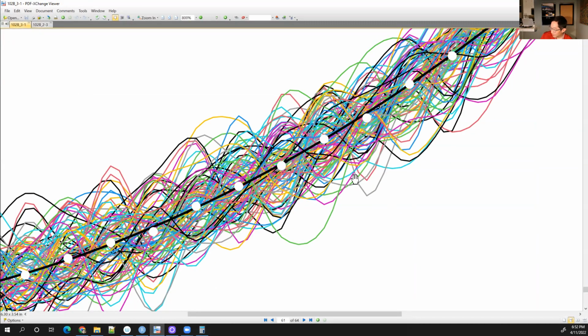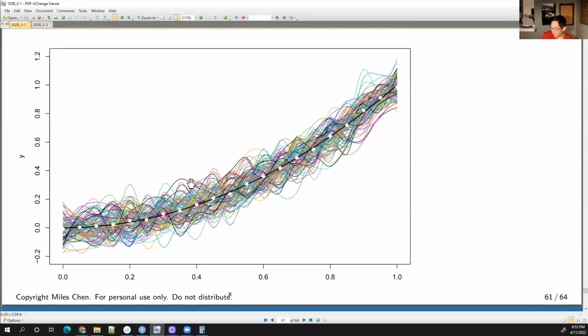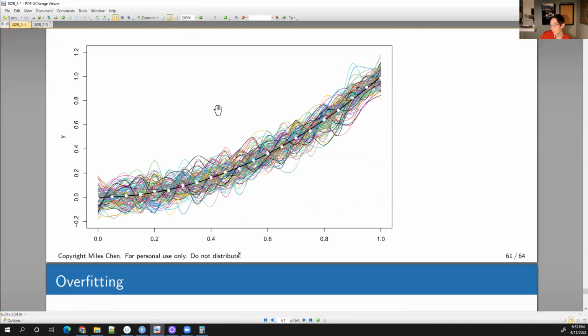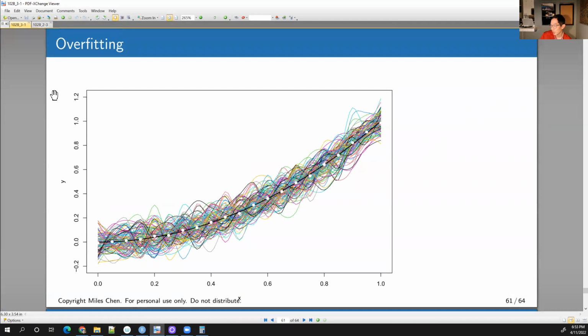The average of all of these points right here is this white dot, so it's a little bit off, and the average of these points is right here, but overall the average is quite close to the true line. But if you ask how much variation there is from line to line, there's a ton of variation. So this is low bias, high variance.